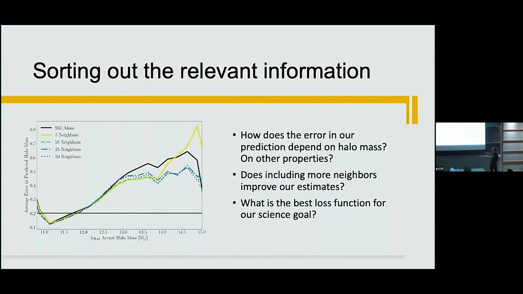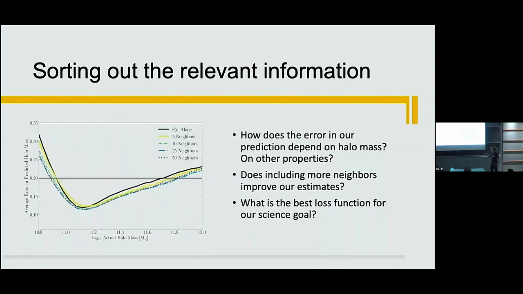Now, this is a network that was trained to equally weight all of the training data. And our training data happens to be very biased to have a lot of galaxies in this end, so it doesn't care about this end very much. But if our science goal is to look at this end, then we can see that we're not improving too much on the stellar mass-halo mass relationship in this regime.